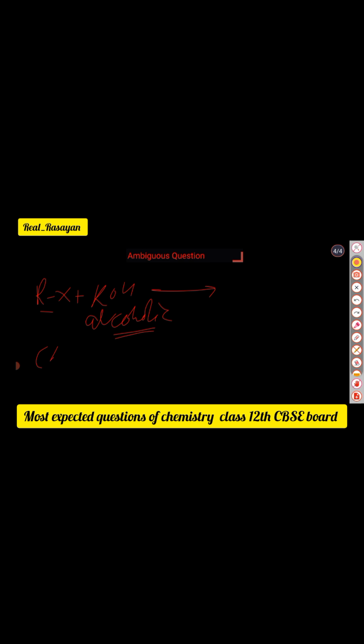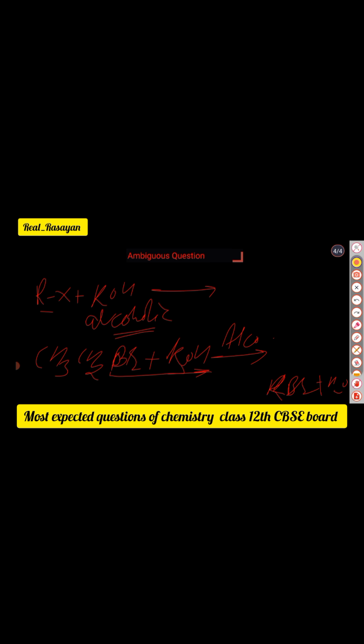Let us have the example CH3CH2Br along with alcoholic potassium hydroxide. There is an elimination of potassium bromide and elimination of water by putting a carbon-carbon double bond. This reaction is the beta elimination reaction.